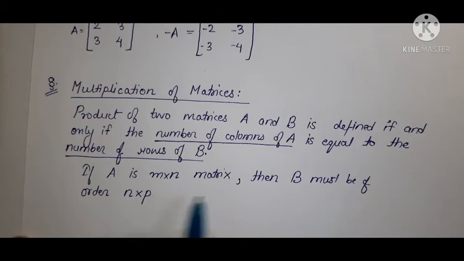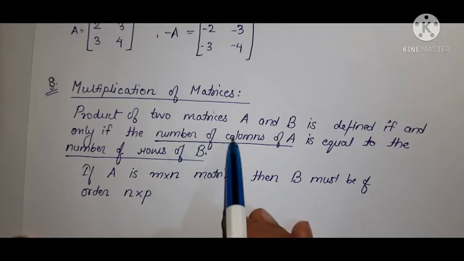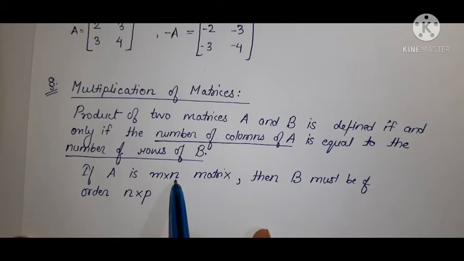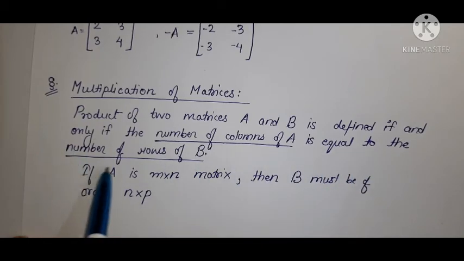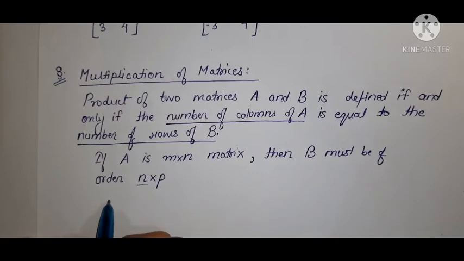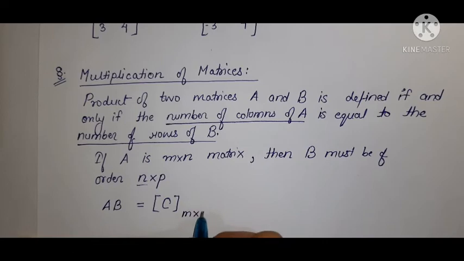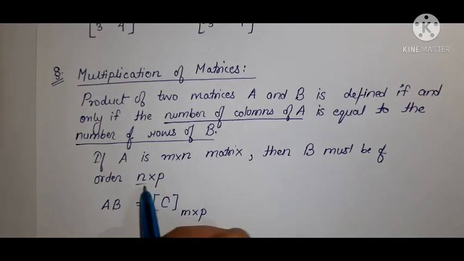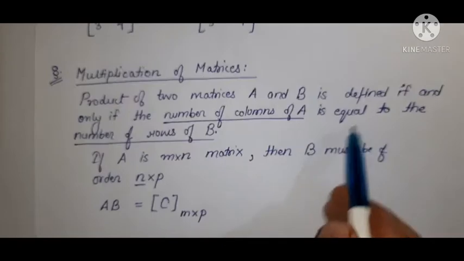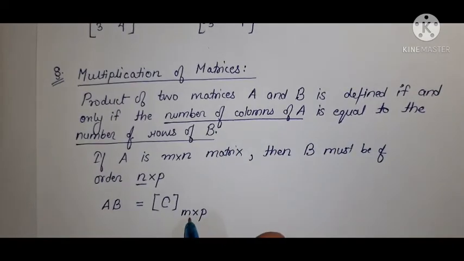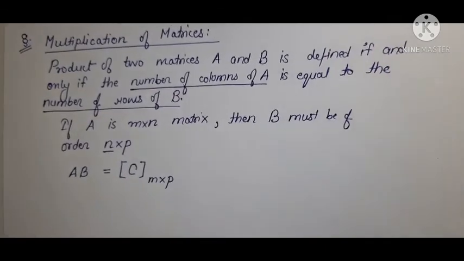It may be different, but what we have learned, the number of columns of A, here n, is equal to the number of rows of B, here n. So ultimately, when you multiply A and B, you get the resultant matrix C, whose order will be m by p. The same number gets deleted, we have the matrix of order m by p.